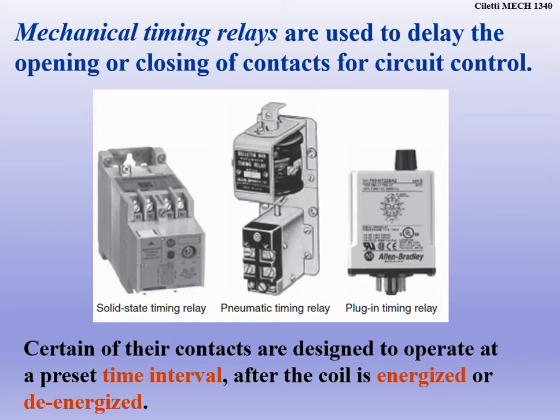Okay? So, mechanical timing relays, right? They're used to delay opening or closing. Like preheating your oven. You turn on your oven to a set degrees. You want to preheat it to 450. It's going to wait, and it might be a time delay. It could also have a temperature delay in there as well. We want to count down New Year's Eve, right?